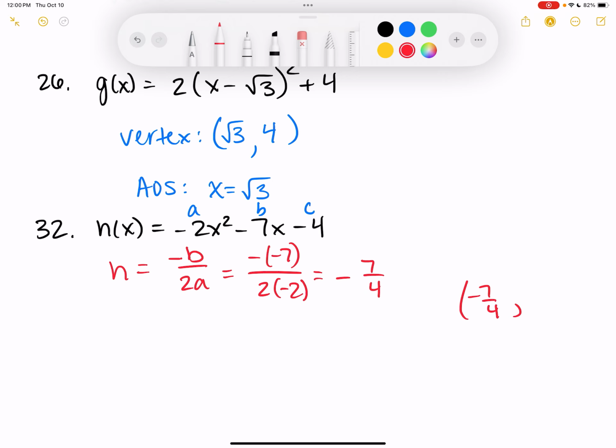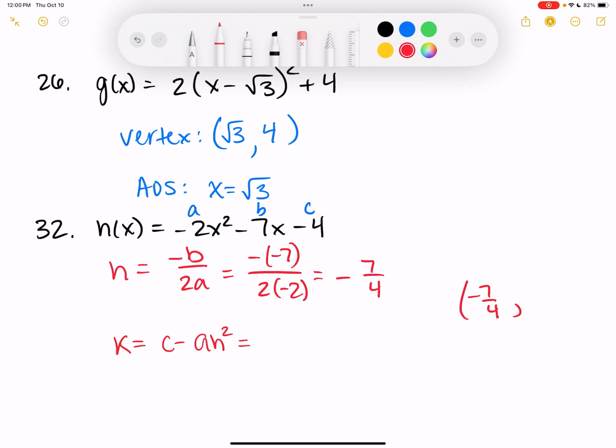How do I find the y coordinate? C minus A H squared. Yep. So k equals c minus ah squared.